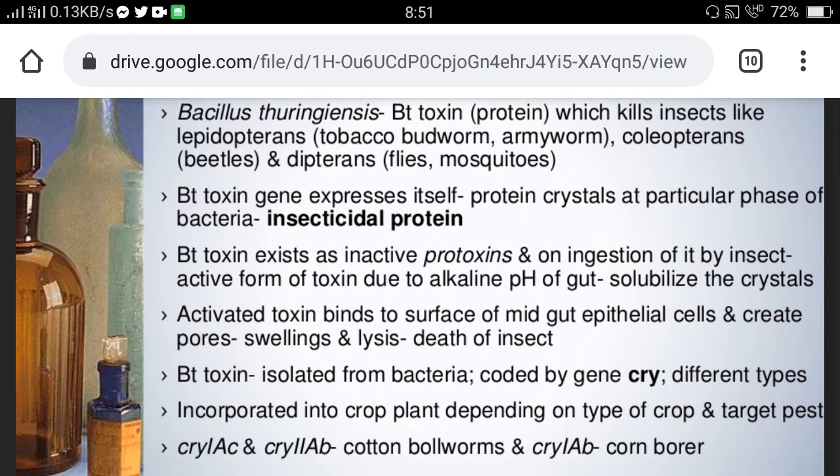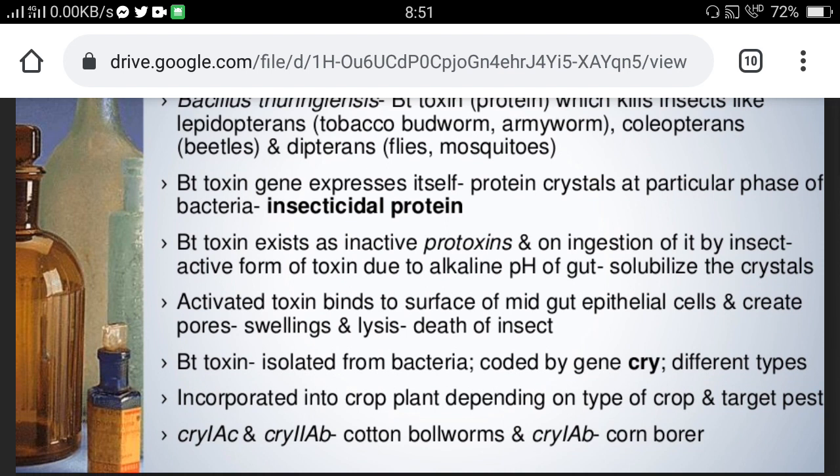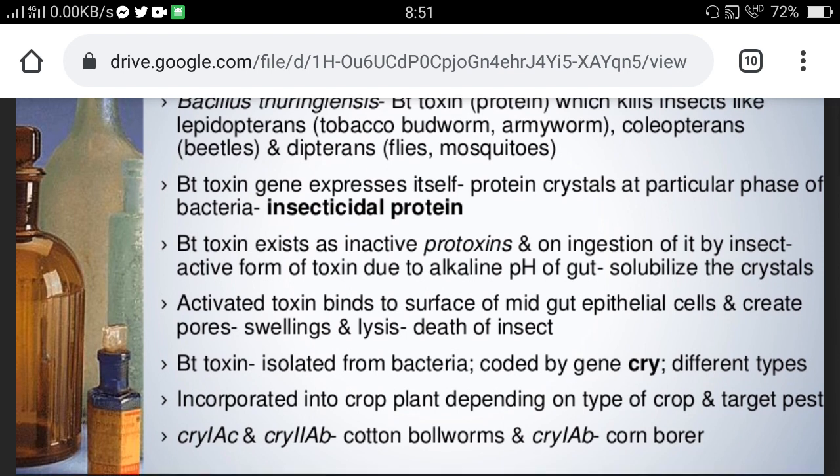Bt toxins isolated from bacteria are coded by the cry genes, of different types, incorporated into the crop plant depending on the type of crop and target pest. For example, cry 1AC and cry 2AB are for the cotton bollworm, and cry 1AB is for the corn borer.